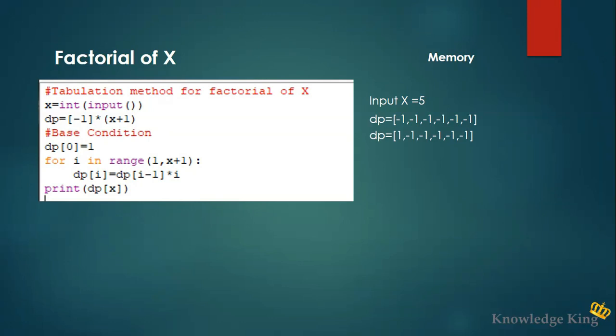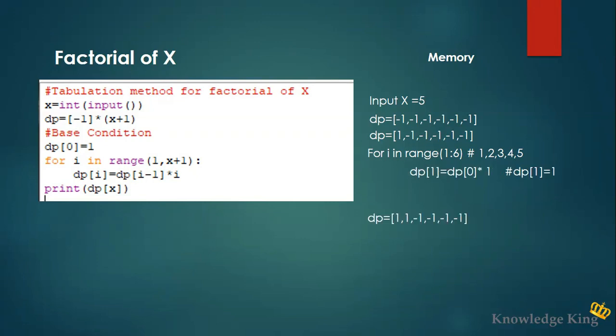So now the dp is changed to 1 at the 0th position, and the for loop starts from 1 to 6, it means 5: 1 2 3 4 5. In the first iteration, dp of i is dp of i minus 1 into i, meaning dp of 1 is dp of 0 into 1. Here dp of 0 is 1, so 1 into 1 is 1.